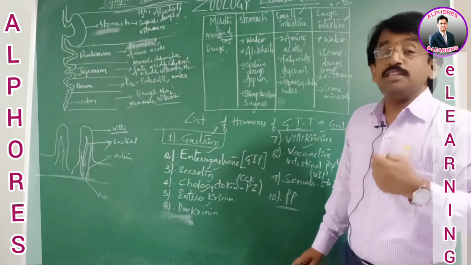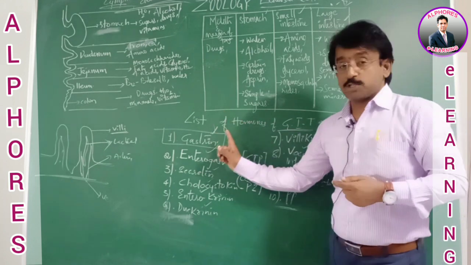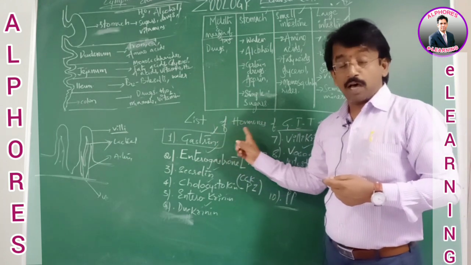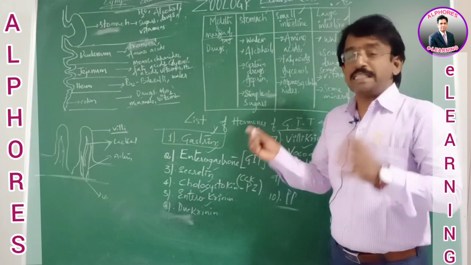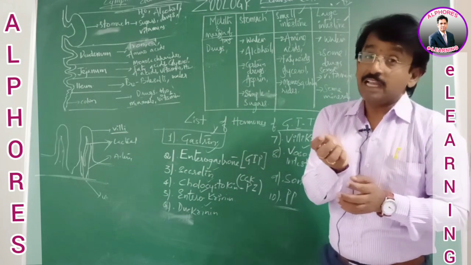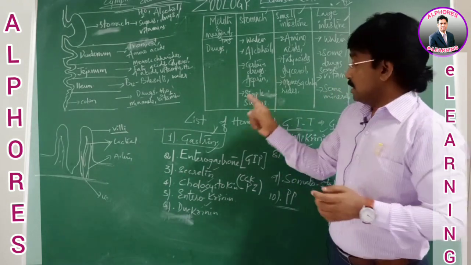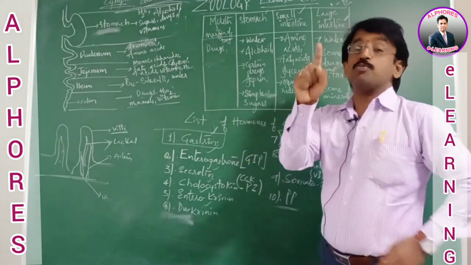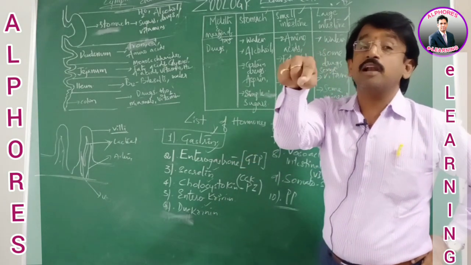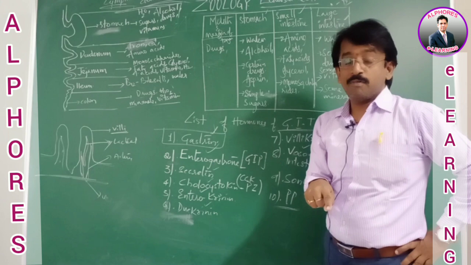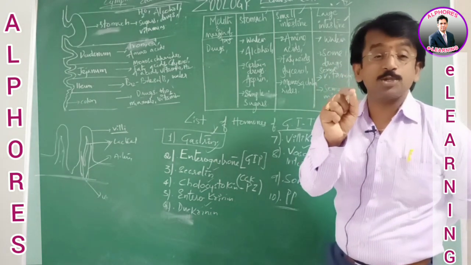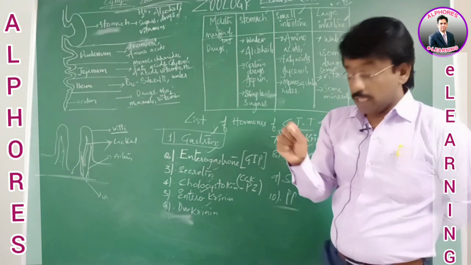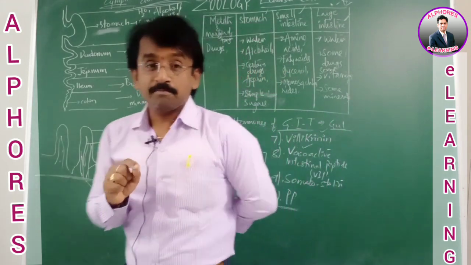Gastrin is the hormone secreted from the stomach, and the target organ is the stomach itself. Why? This G cell secreting gastrin hormone stimulates the gastric gland to secrete the gastric juice, that is HCl, and the castle intrinsic factor.